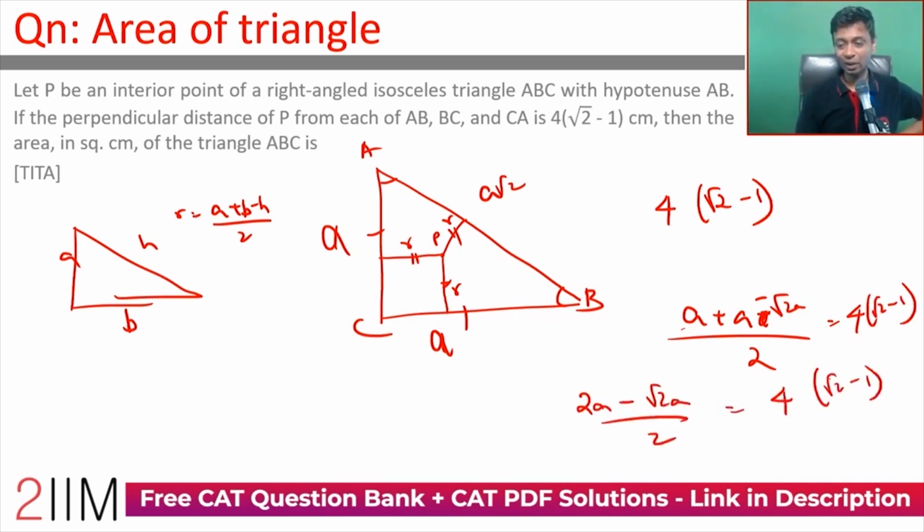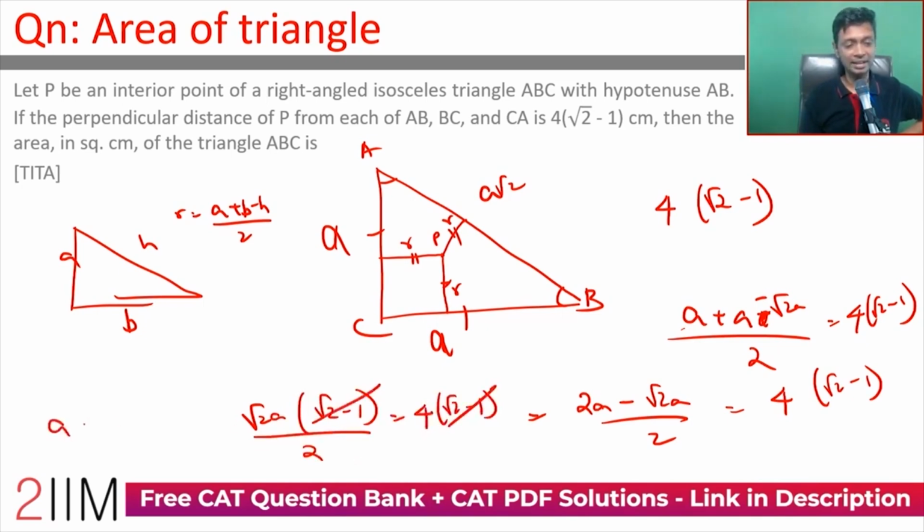I want to contrive a root 2 minus 1 here. So I'm going to write this as root 2A times root 2 minus 1 by 2 equals 4 times root 2 minus 1. Or A by root 2 equals 4.